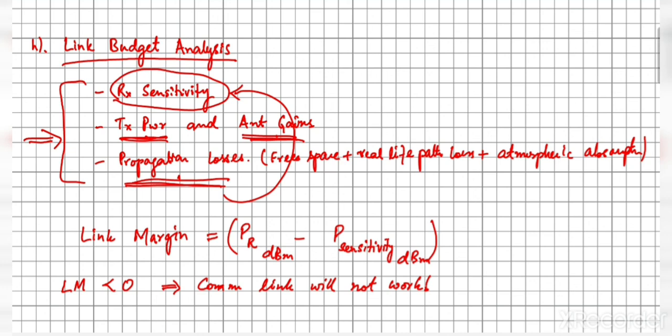On the contrary, if the link margin is greater than 0, then this is a prerequisite for the communication link to work, because the received signal power is higher than the minimum signal power at which the receiver is designed to operate.